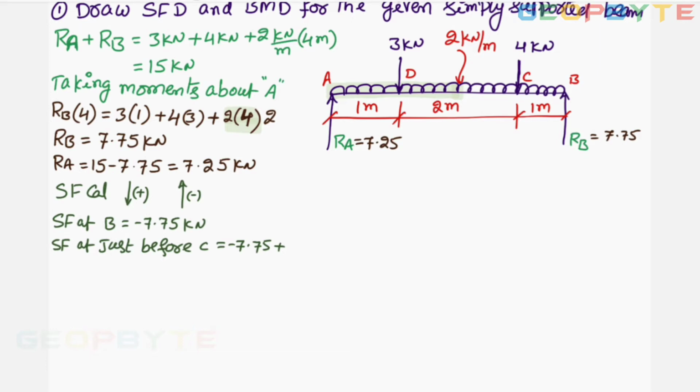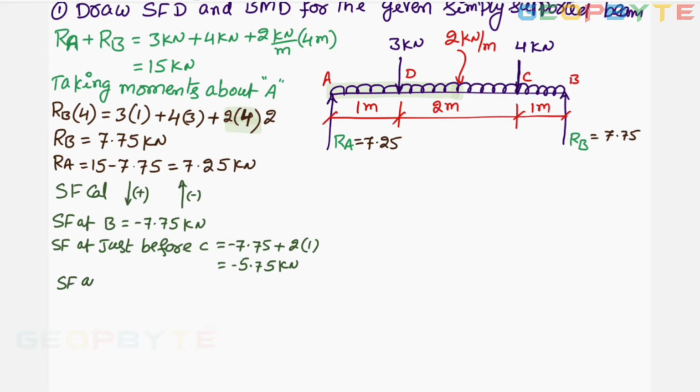But in the shear force, you are adding point loads, so you have to convert from UDL to point load. Between B and C, the UDL is 2 kilonewton per meter and the distance is 1, so 2 into 1. UDL multiplied by the UDL distance between B and C gives the point load. The answer is minus 5.75 kilonewtons. I hope you understood.